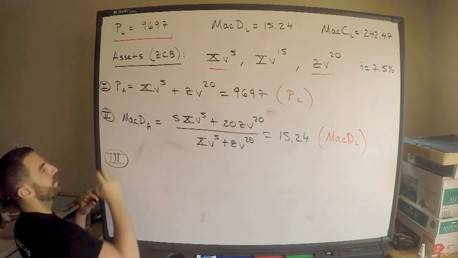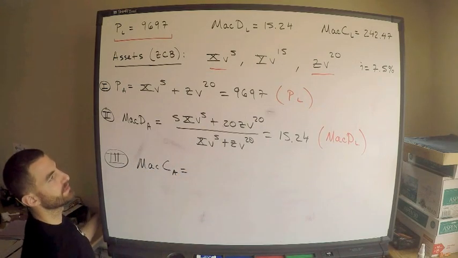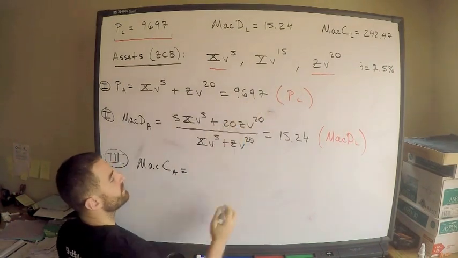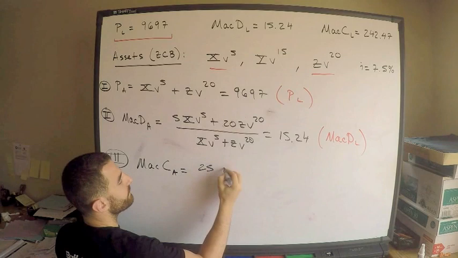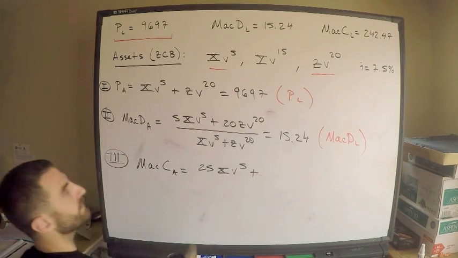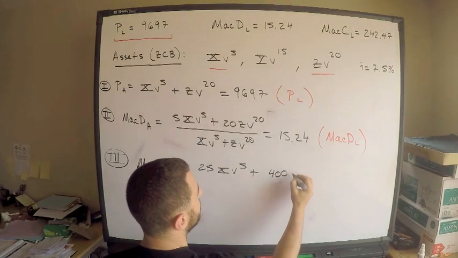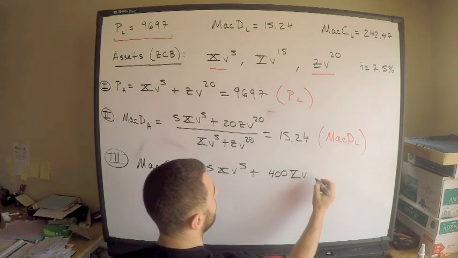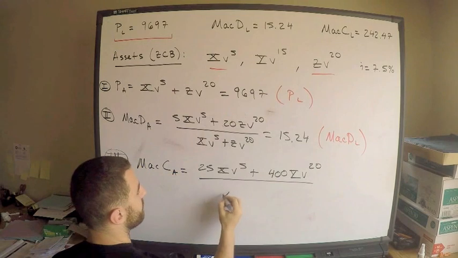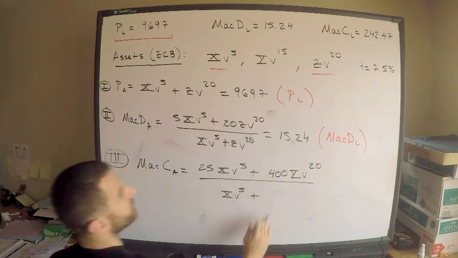So now I need the Macaulay convexity of the assets, and that is equal to, in this case, using the formula I just used, 25xv to the 5th plus 400 zv to the 20 divided by the price, divided by xv to the 5 plus, why am I using y?